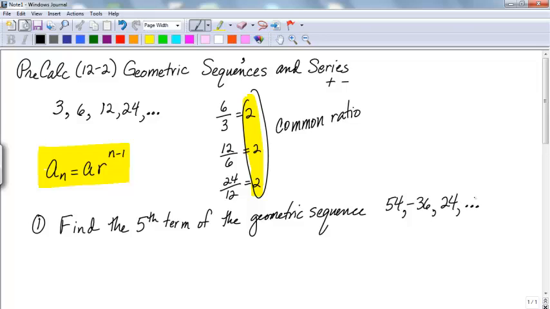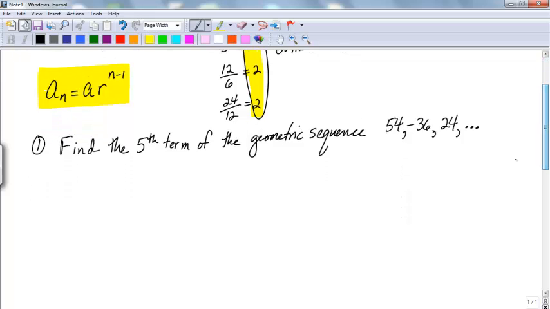Now, you could just find the common ratio, and if you look back up here, to go from 3 to the next term, you would multiply by 2 to get to 12, multiply by 2. That's one way, but if I ask you to find the 500th term, you don't want to have to do it that way, so you need to know the formula. Okay, so use the formula a sub n equals a r to the n minus 1 power. We want to find the 5th term, so that's a sub 5. The first term would be 54.